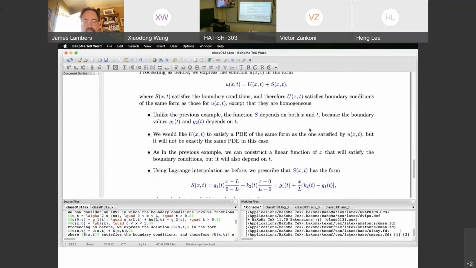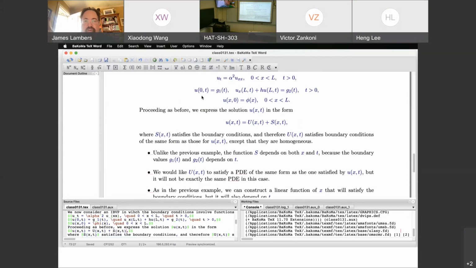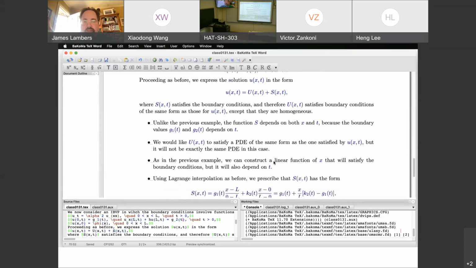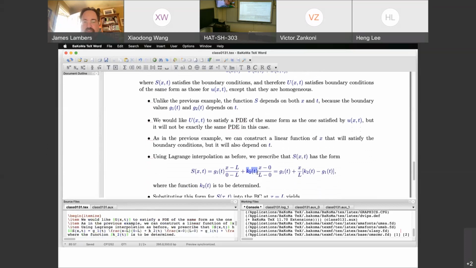So you can still use the same interpolation approach, because at x equals 0, we want this function to be equal to g1. Now, because of a more complicated boundary condition over here, we don't know exactly what we want u to be equal to at this point. That's why this part is left unspecified.